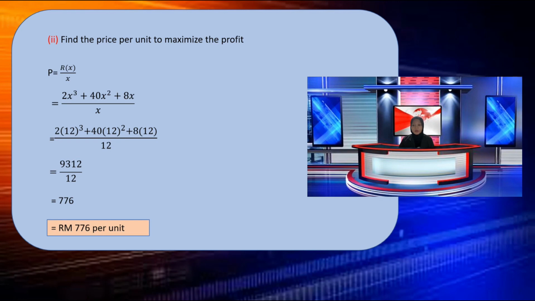And after that, we get 2 multiplied by 12 cubed plus 40 multiplied by 12 squared plus 8 multiplied by 12, divided by 12. Then we get 9,312 divided by 12. And lastly, we get 776. So we get 776 Ringgit Malaysia per unit.